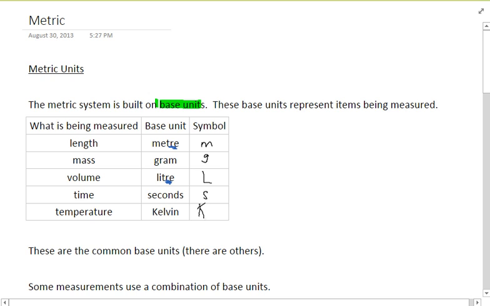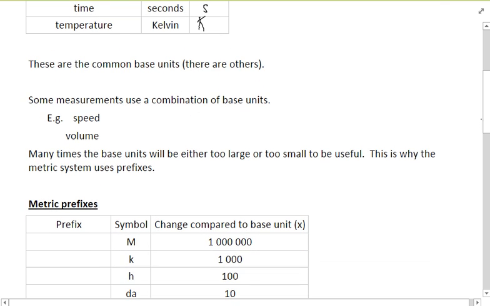And there's lots of other ones, but those are the ones that we'll quite often see most often. We can combine those in order to make other ones. For example, if I was talking about speed, speed really just refers to how long it takes to travel a certain distance, how much time it requires. So speed really is a combination of a distance and a time.